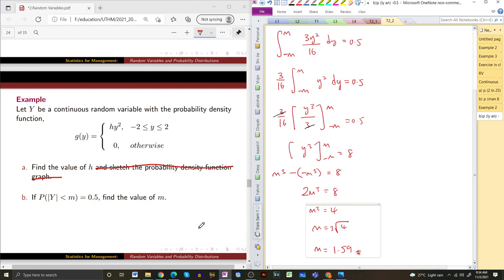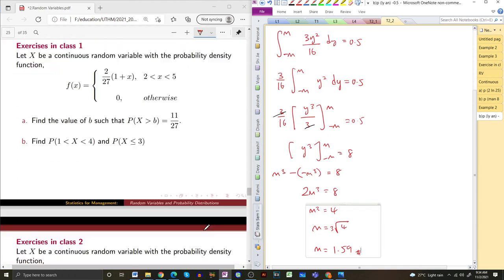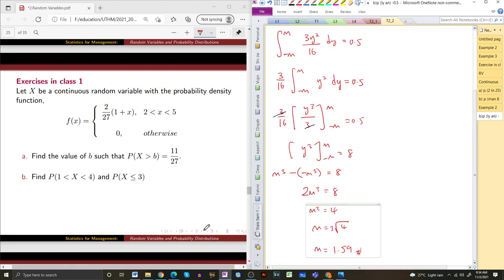While copying this, for exercise in class 1, you may try on your own. I can write the answer here. B is 4, and this is 16 over 27. You can copy the answer here. Try at home. Later we will check the answer.